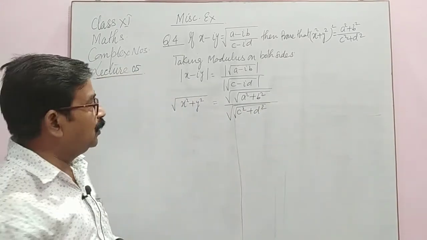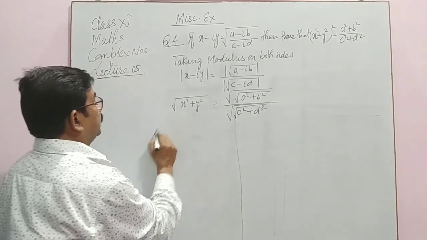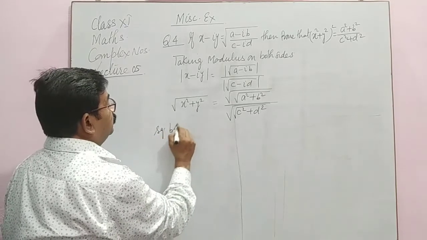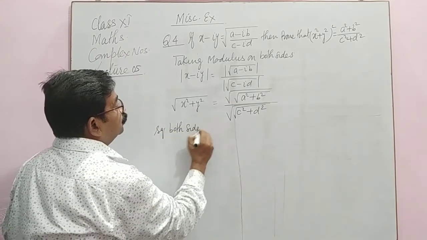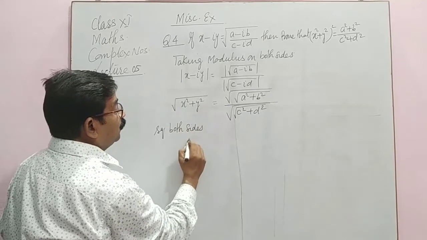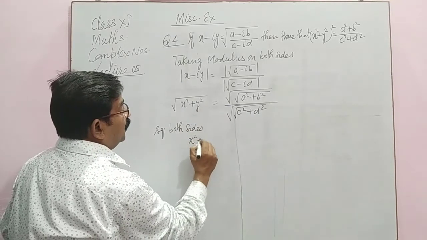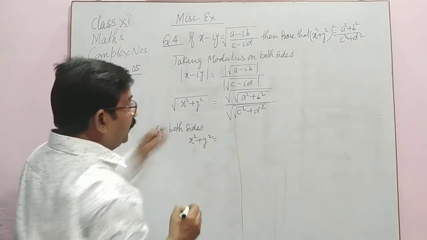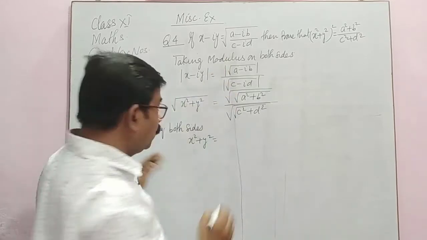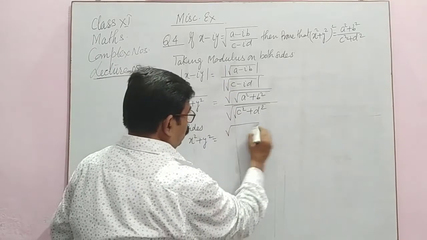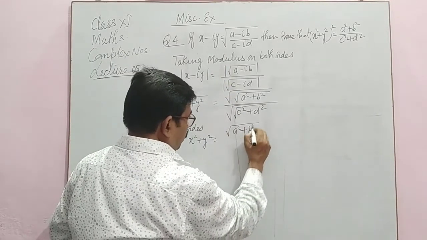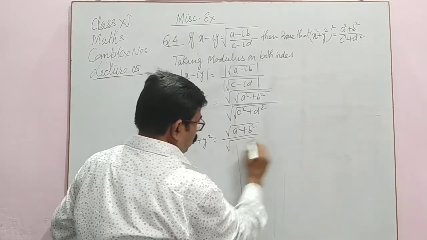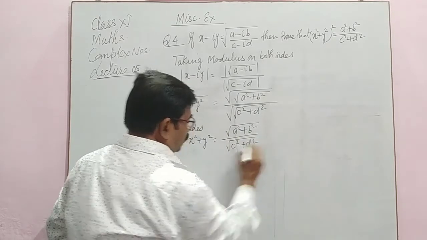Squaring both sides, the outer root will be removed, so on the left we have x square plus y square, and on the right the first root is removed, so we have under root a square plus b square upon under root c square plus d square.